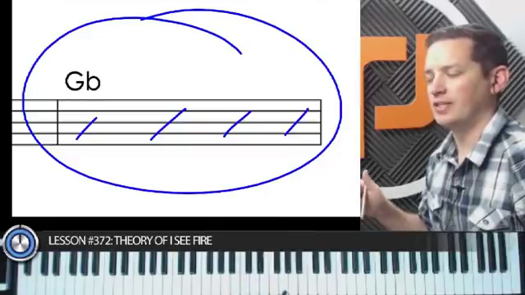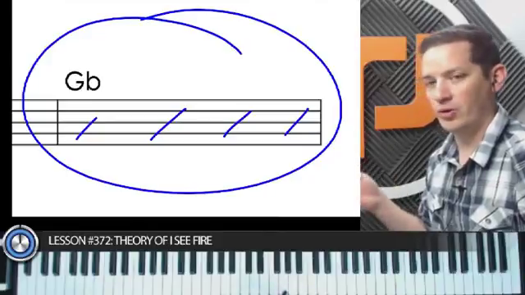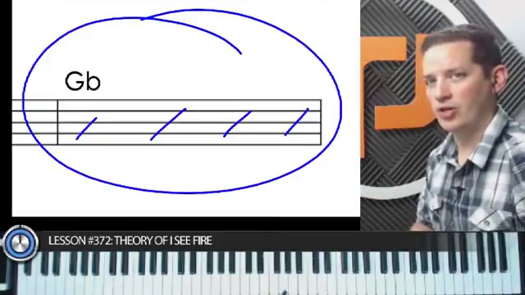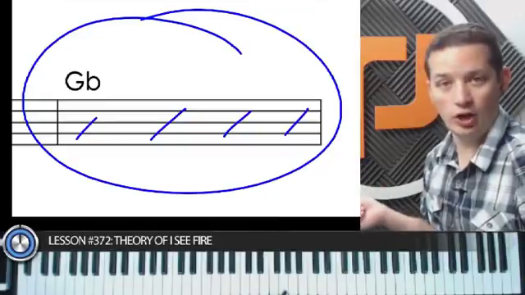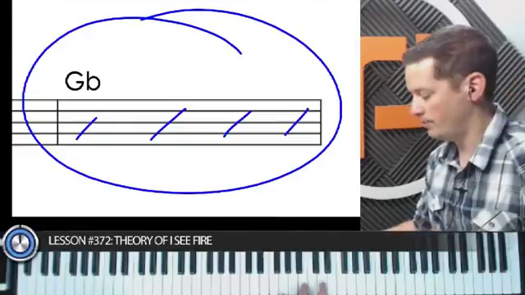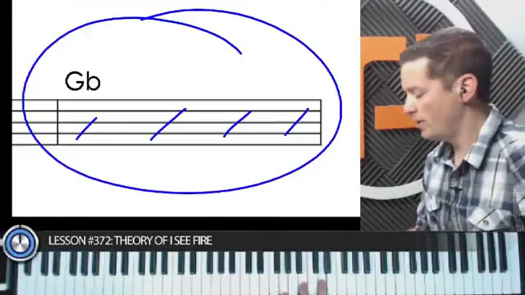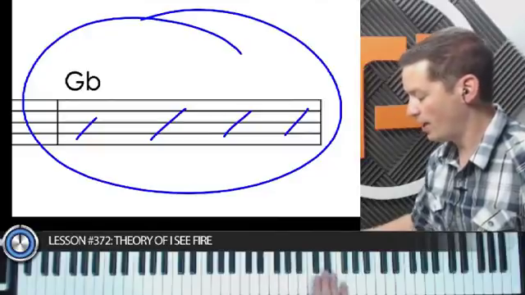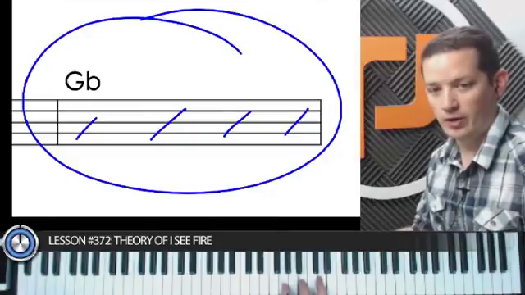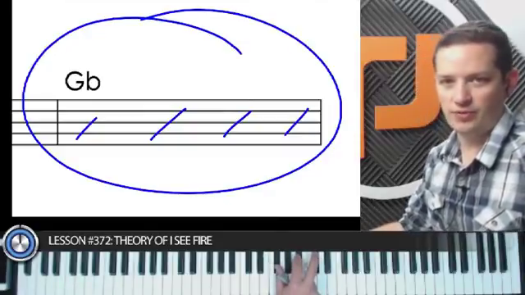This isn't really part of the lesson, but just an extra little hint: for any chord that is a flat, or a sharp for that matter, and you already know the non-flat or non-sharp version of it, for example, if you already are playing G chords like that, and then you run into a G flat chord, you can just take that G chord and flat every single one of those notes. So it's a G chord where that's flat and that's flat and that's flat. That makes up the G flat major chord.